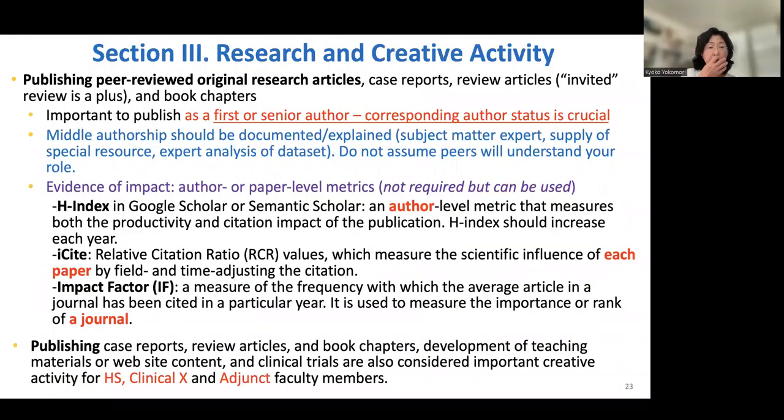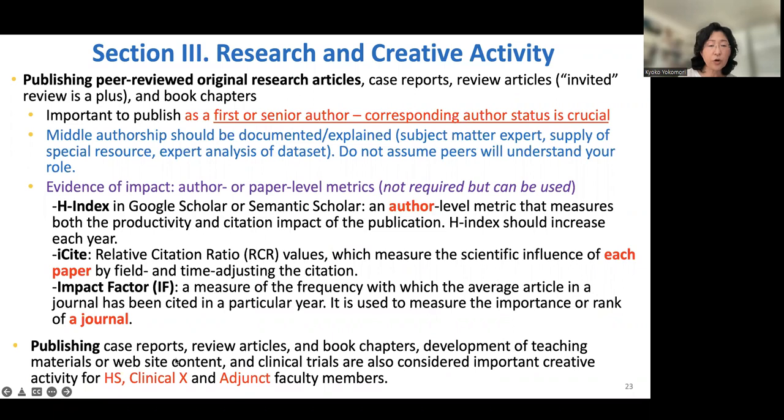Okay. So that's sort of summarizing here. Especially for junior faculty members, you really want to demonstrate that you are establishing independent research programs. You can have co-author papers, but you want to have a good number of first or senior author papers, and that's really important. And if you're a middle author, then you want to really define your contribution.